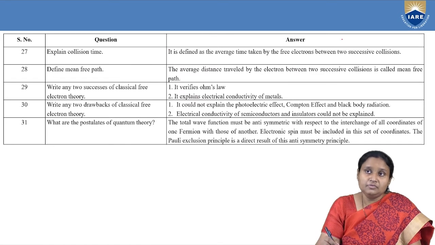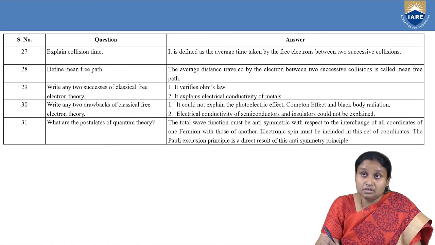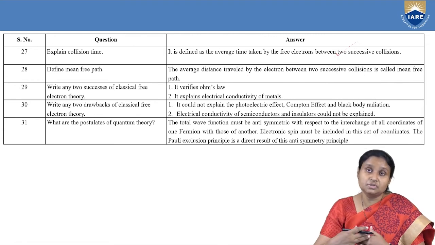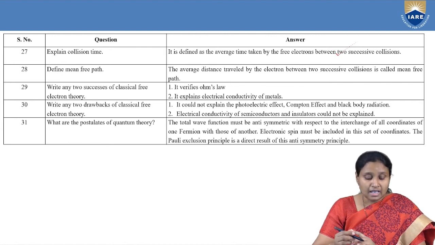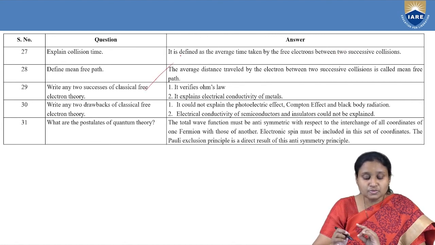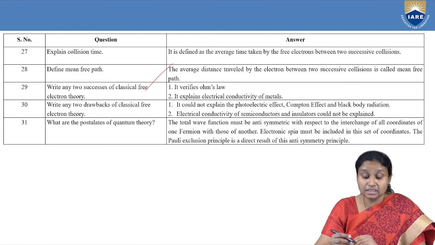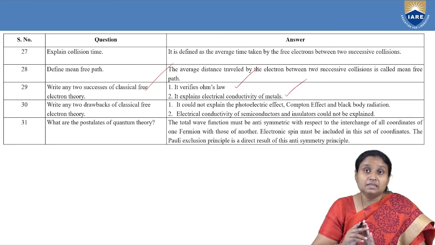Then collision time is the time taken between two successive collisions, and the distance traveled between two successive collisions is called the mean free path. All these definitions come from classical free electron theory. What are the two major successes of classical free electron theory? It can verify Ohm's law, and it also explains the electrical conductivity of metals.